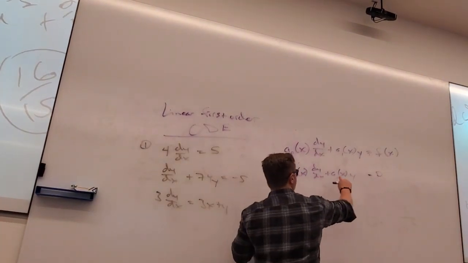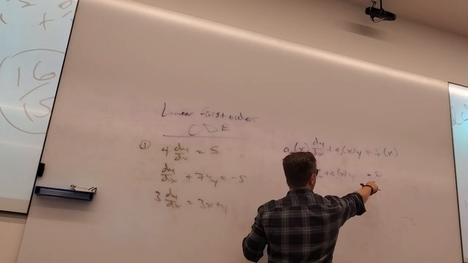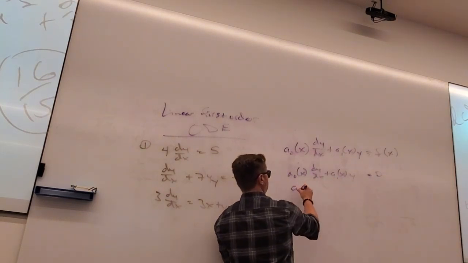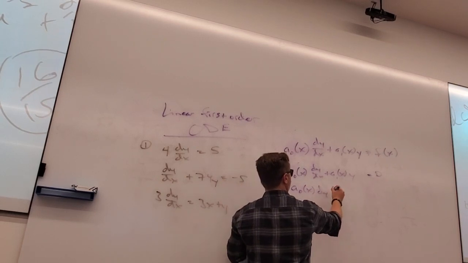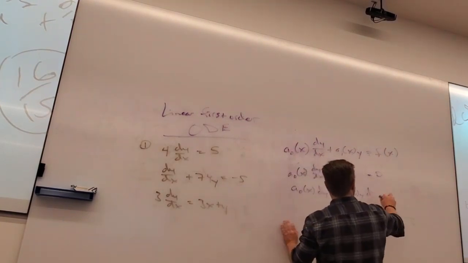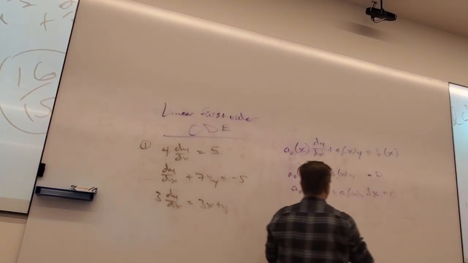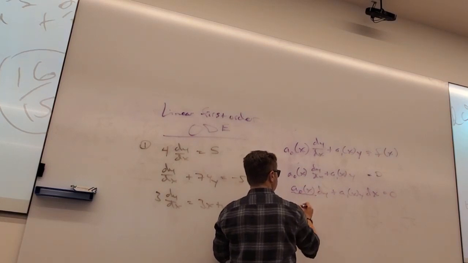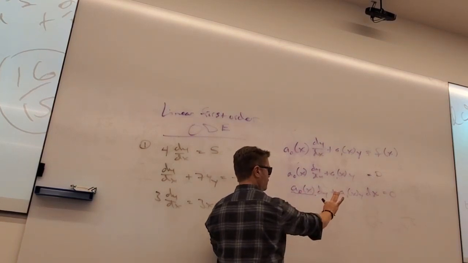If I divide by a0, and well, let's do this. If I multiply by dx, we can see, let's see this. Later this semester, here's what we're going to do.